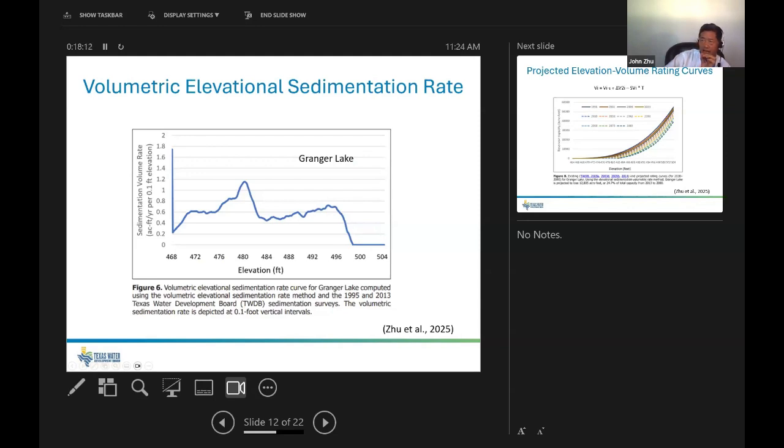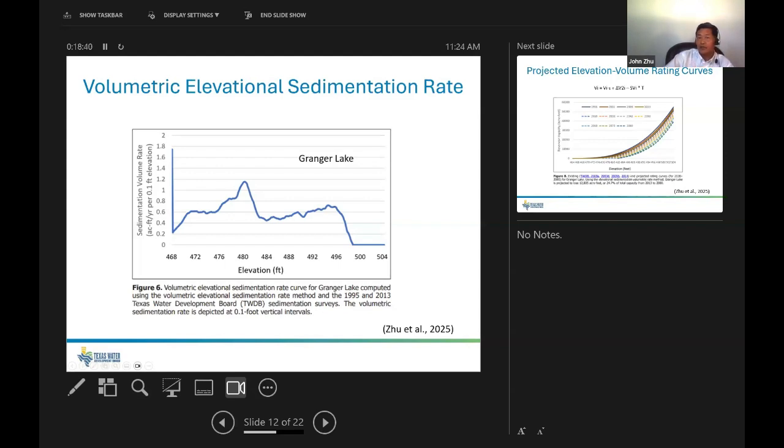Over here the highest is 1.8 acre-feet. Then it comes down, and starting from here finally goes up around 1.2 acre-feet, goes down and goes up. And finally, near the top of the conservation pool, there is no sedimentation. So that is our methodology.